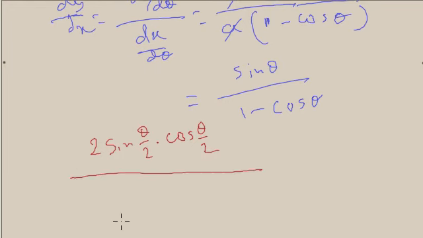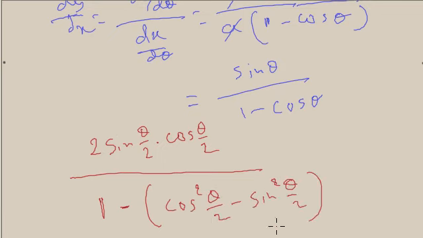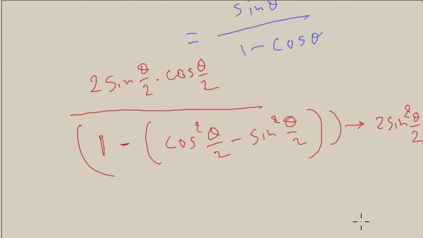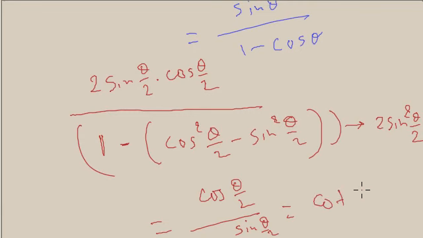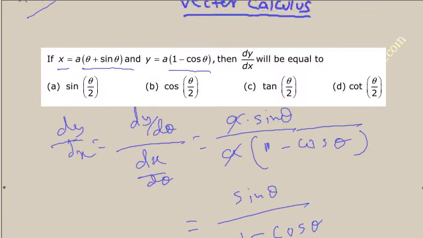This is divided by 1 minus cos theta, which you can write as twice sin square theta by 2. So the 2 cancels, and sin theta by 2 cancels. So this is equal to cos theta by 2 divided by sin theta by 2. That is equal to cot theta by 2. So the answer is this.